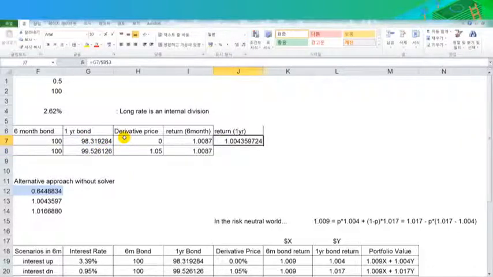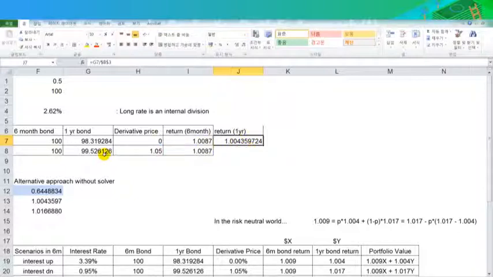So if you invest $1 in the 1 year bond today, and when interest goes up, the bond price goes up by this amount, so in 1 year you receive $0.00436 as interest rate.